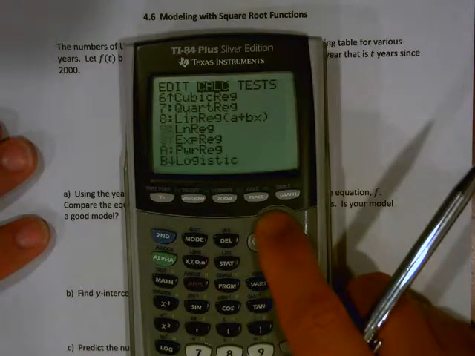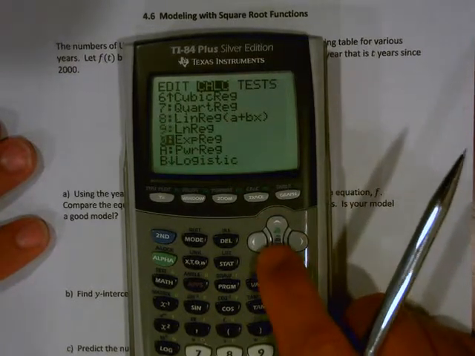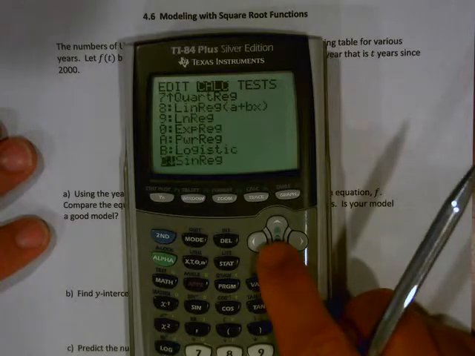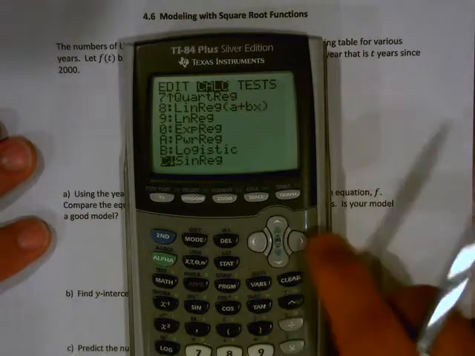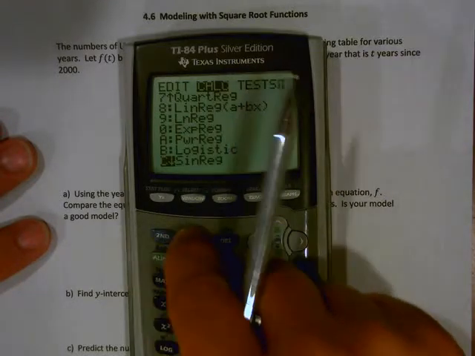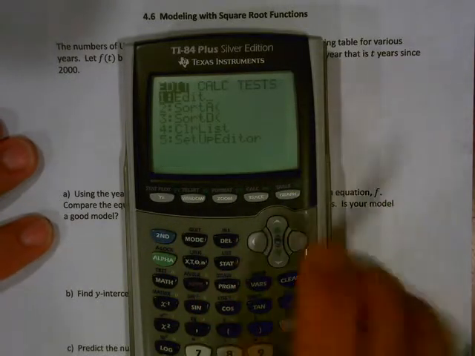If we go down, we have a logarithmic, exponential, a logistic looks like an S-curve, and a sine looks like a wave curve. We don't have a square root function to plug in.